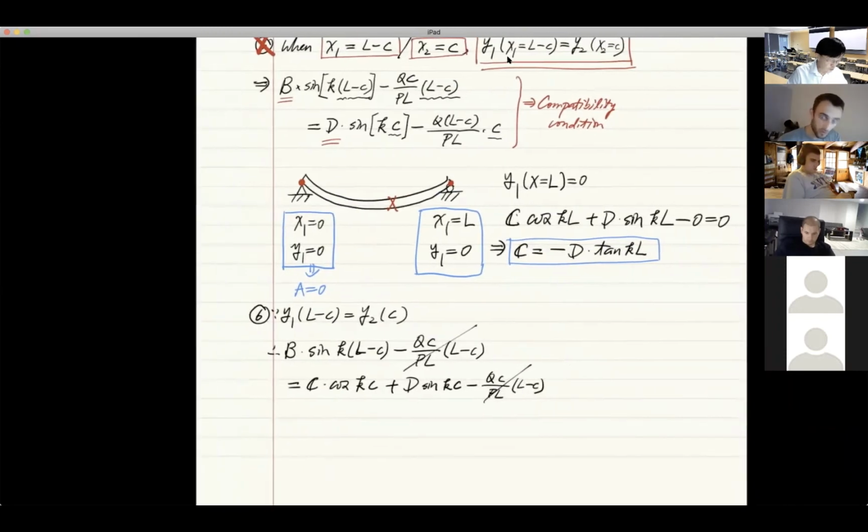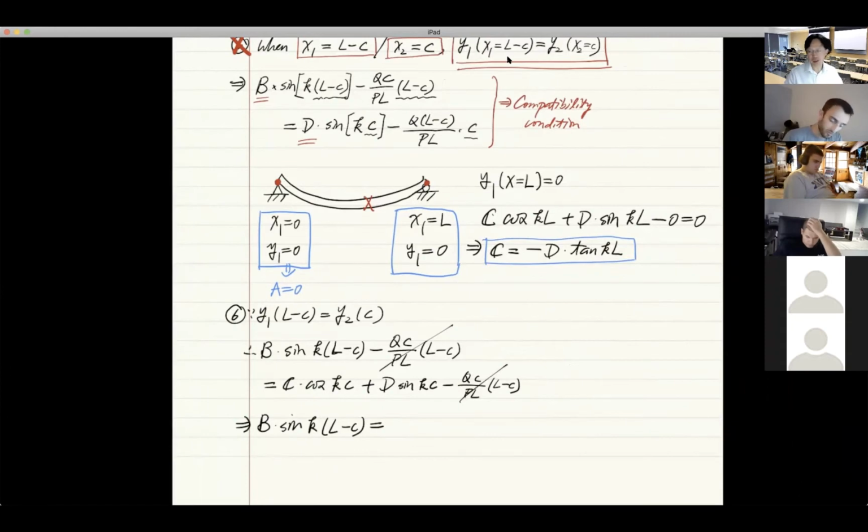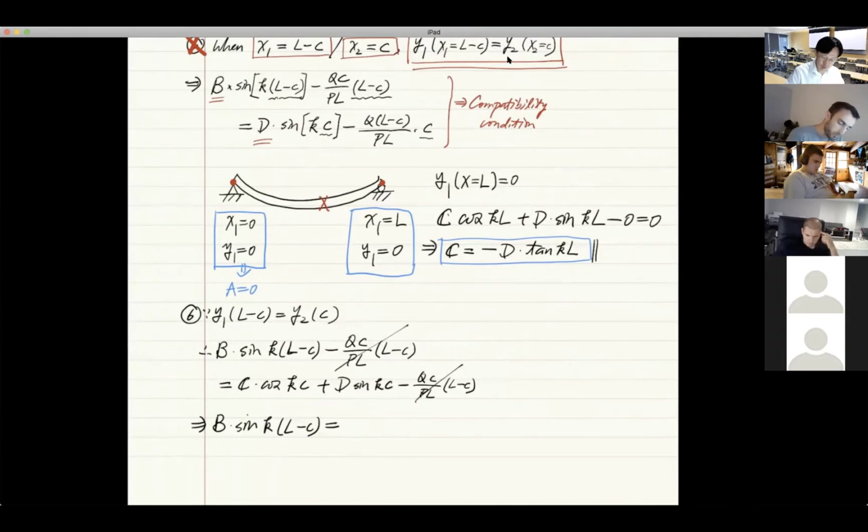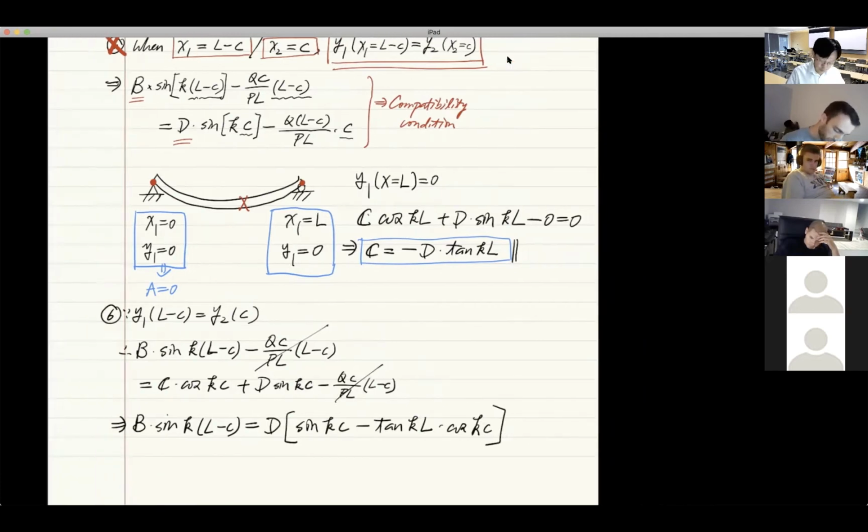So what we have is this expression, and therefore we can rearrange this to have B times sine K(L minus c) equals, because capital C can be replaced with capital D from what we just found, capital D times this whole thing, which is sine Kc minus tangent KL times cosine Kc. And we call this equation 7.